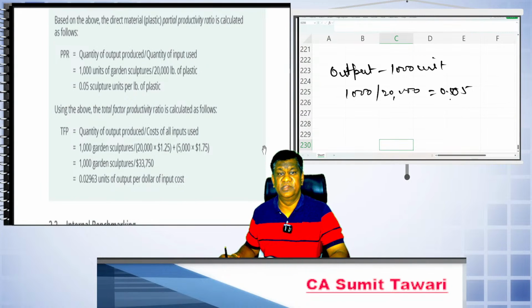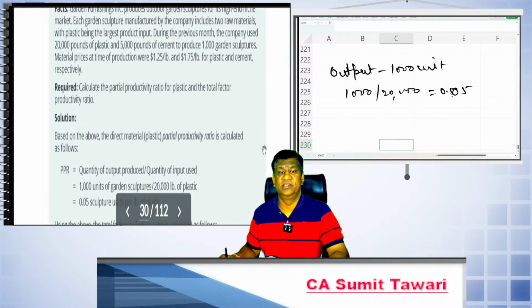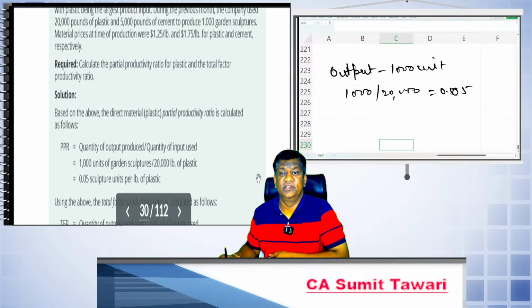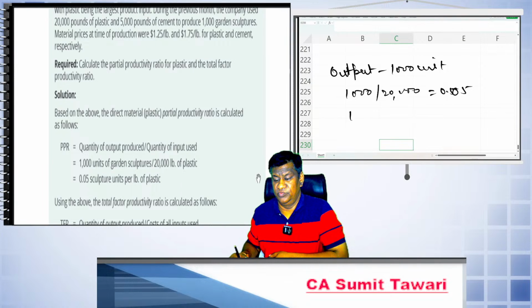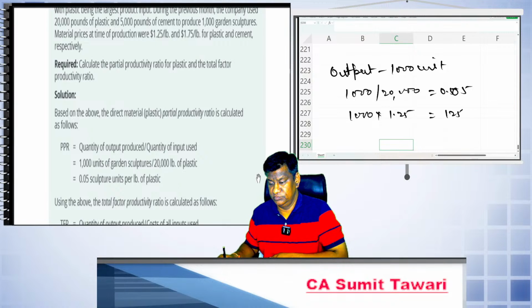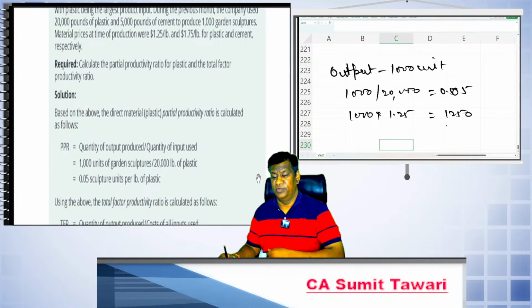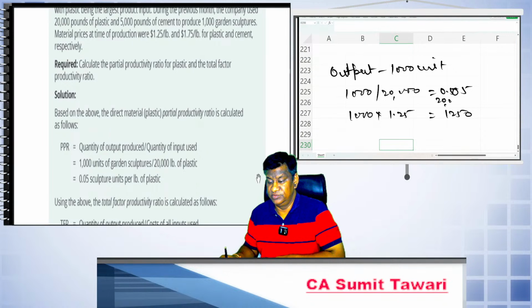Per LB. So here basically huge deviation actually. 1.25. So 1000 multiplied by 1.25 if I consider. It is 1.25, and then it is 20,000.